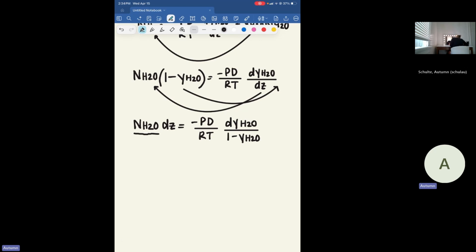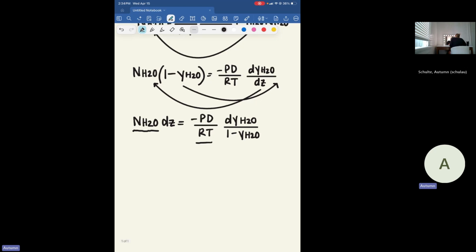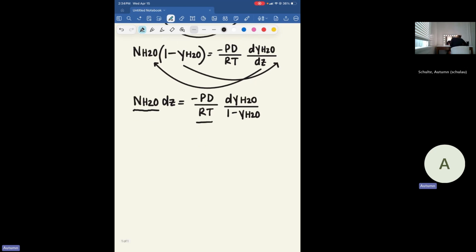We'll note that the molar flux of water as well as negative PD over RT are both constants and can stay out of our integral.